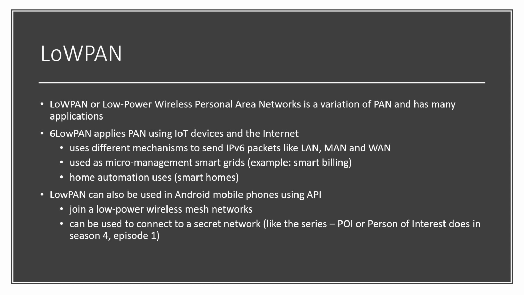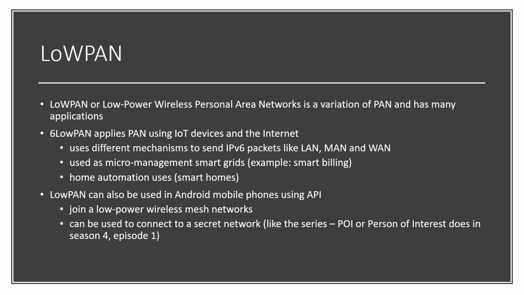So you can use a LoWPAN to send IPv6 packets, but it's different from the LAN, MAN, and WAN because it has lower power consumption and also a lower signal power. It can be used to connect to a secret network as well.